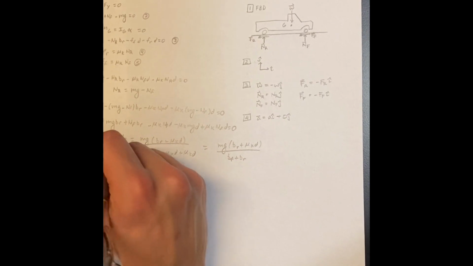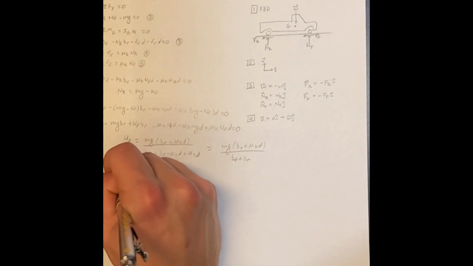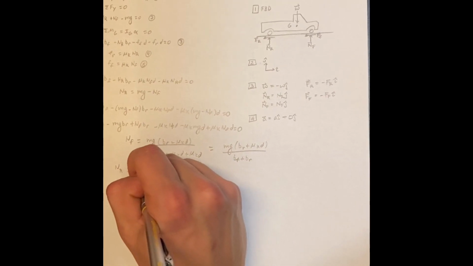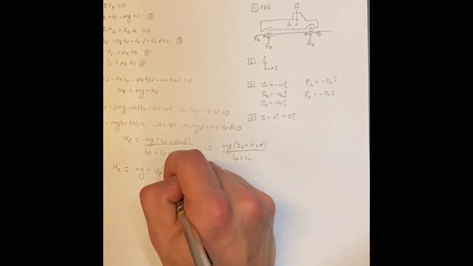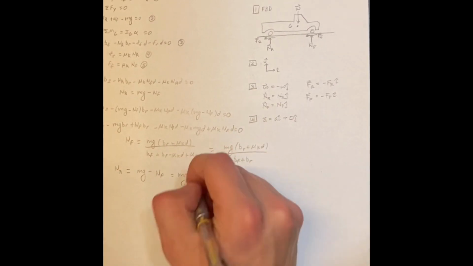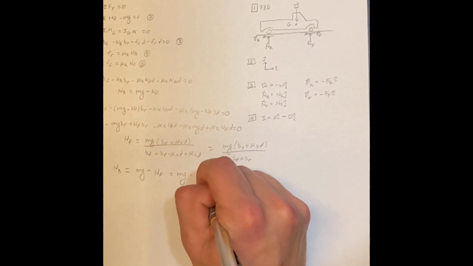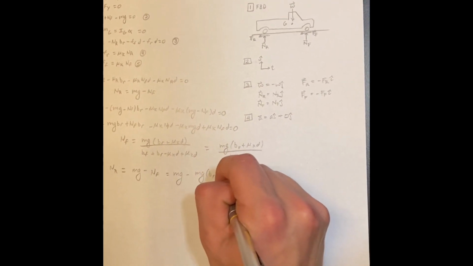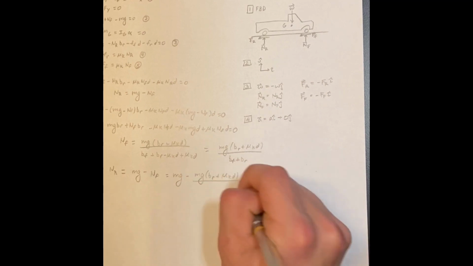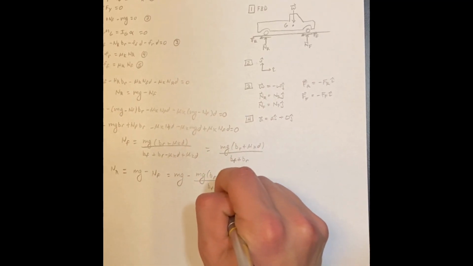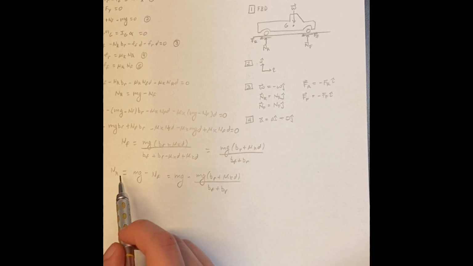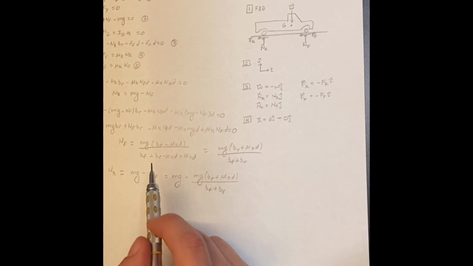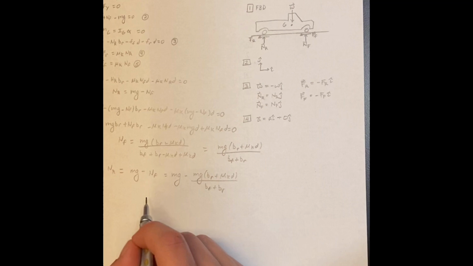Now we can solve for the rear normal, and we'll get mg minus NF, which is equal to mg minus this whole term up here, which is mg (BR plus mu sub k D) divided by BF plus BR. So since the rear normal is greater than the front normal, the nose of the car dips downwards when the car is braking.